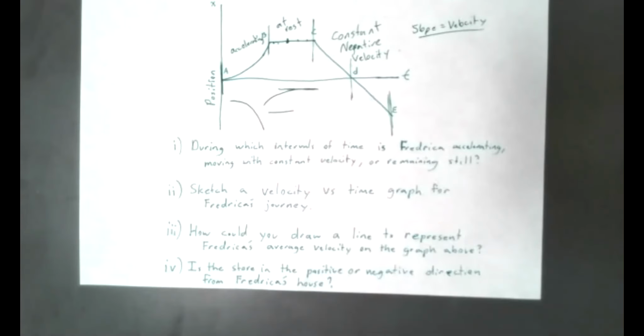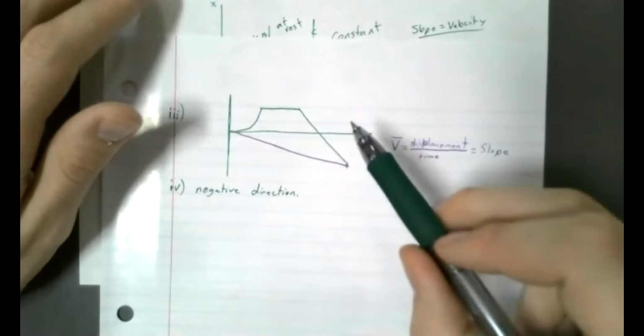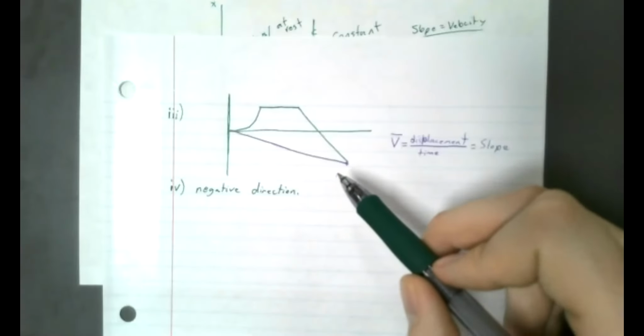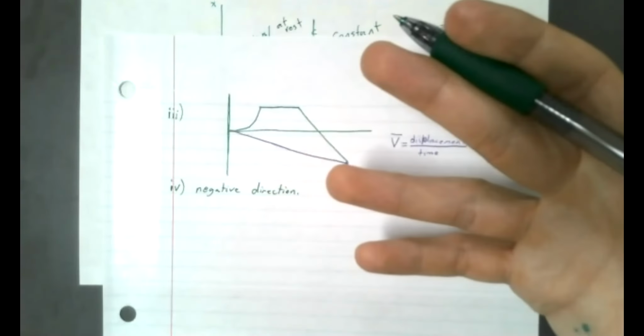Okay, how could you draw a line to represent Frederica's average velocity on the graph above? Okay, so on this graph above, which I redrew here, the average velocity is going to be the average slope.